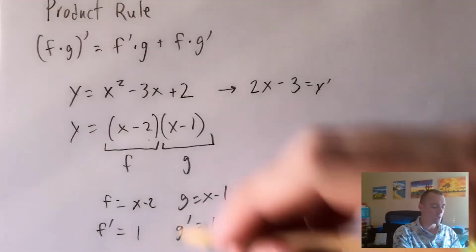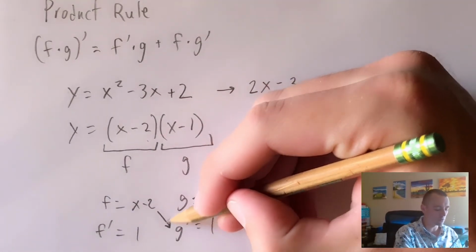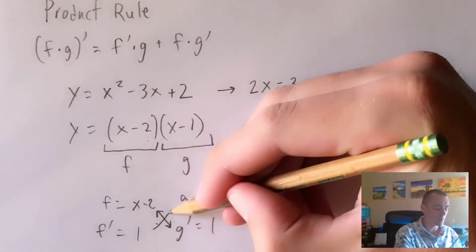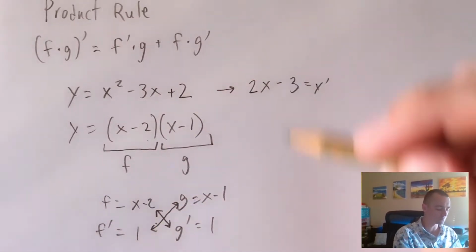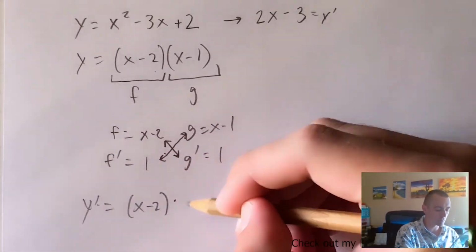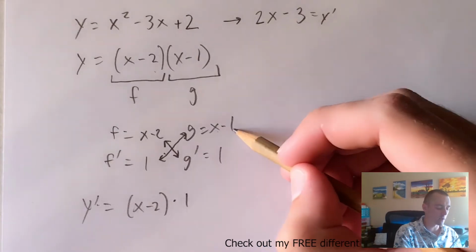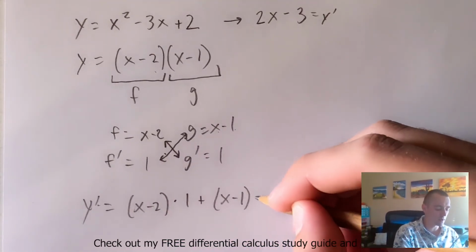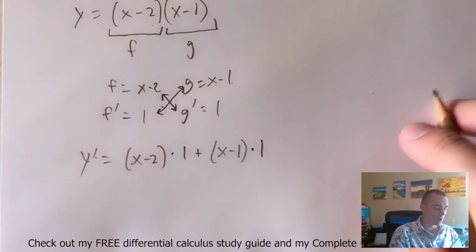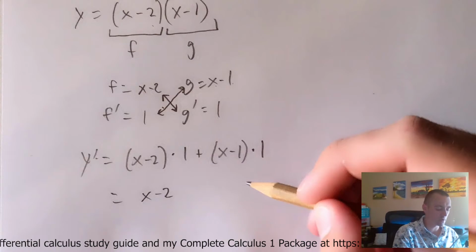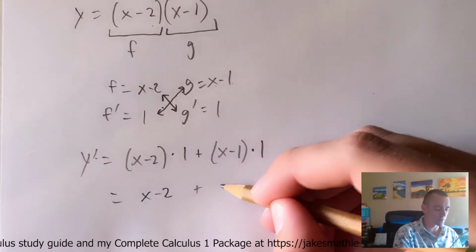So then if we were to apply the product rule by multiplying across like this, multiply f times g prime, multiply f prime times g, we would get x minus 2 times 1, plus x minus 1 times 1, which x minus 2 times 1 is just x minus 2, x minus 1 times 1 is just x minus 1.